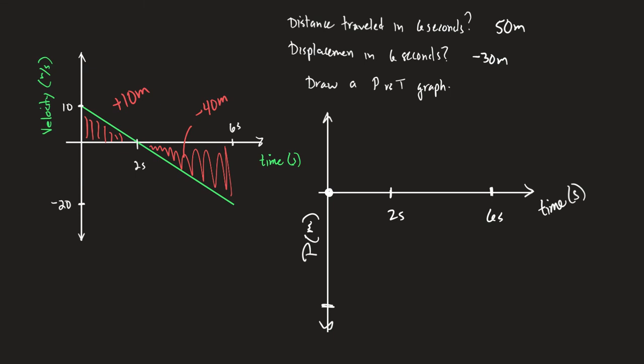In the first 2 seconds, it moved forwards 10 meters. In the next 4 seconds, it moved backwards 40 meters. 10, 20, 30.